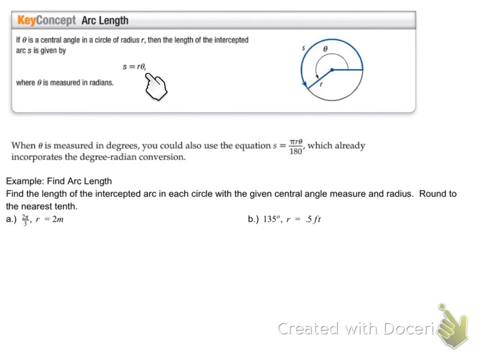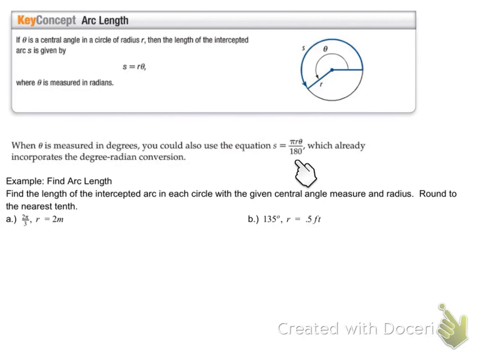Now, of course, there are some modifications of this, and I have it down here. Sometimes they give you the question and you're talking about degrees. The easiest thing to do is just convert it from degrees to radians, which is degrees times pi over 180.